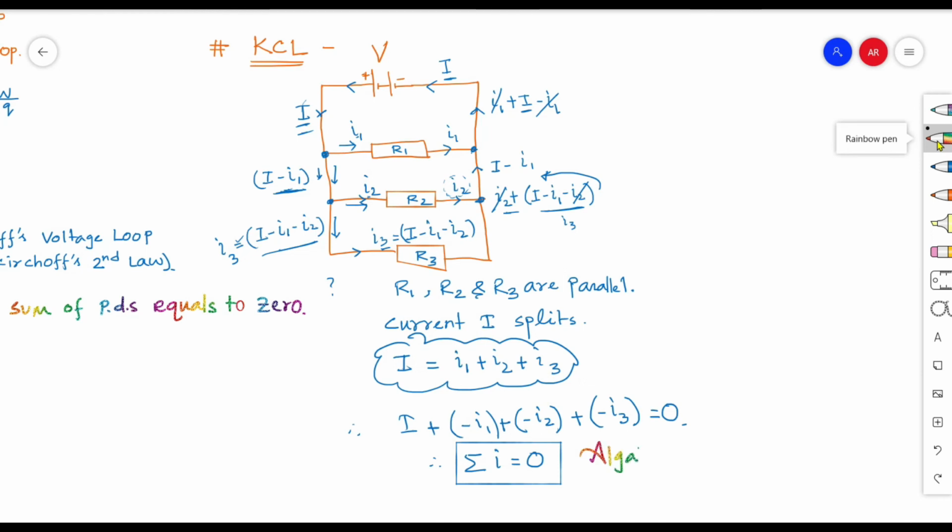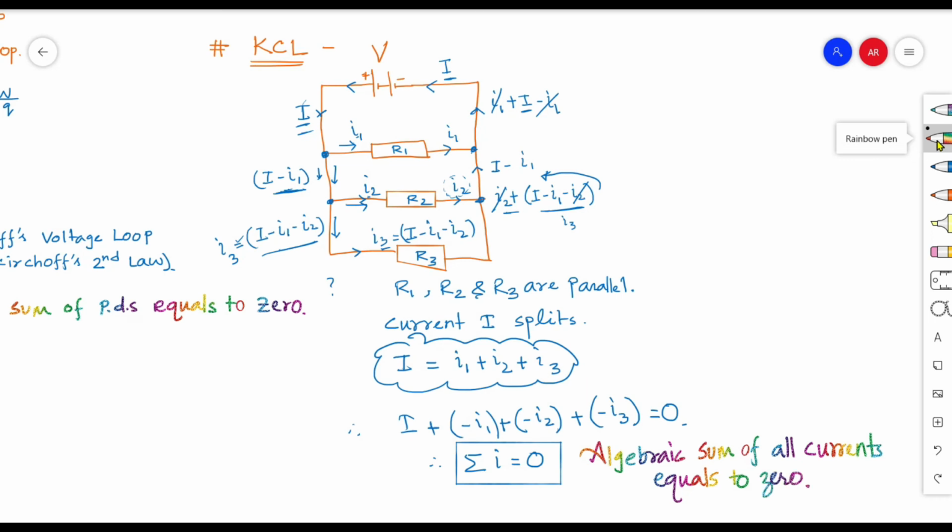So the algebraic sum of the current, when the current splits up and goes to several branches, ultimately they are being divided and joined again. So the algebraic sum of all currents here equals 0.